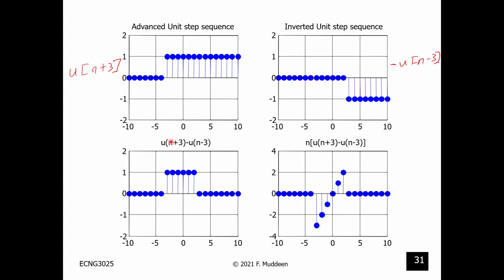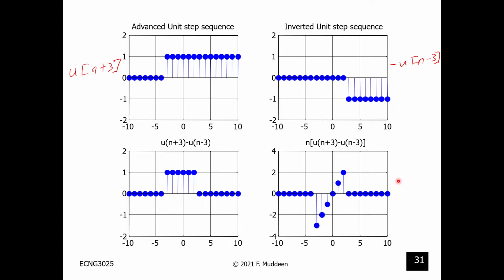Then at minus 3, for u of n plus 3, it's going to be 1, but for minus u of n minus 3, at minus 3, it's going to be 0. So that's 1 minus 0, only giving us the 1. Similarly, if we keep on doing that for each one of these indexes, we'll keep on getting the same thing. If we multiply the result here by n, this n is going to give us a linear property for our signal, where n represents a nice linear scaling property.